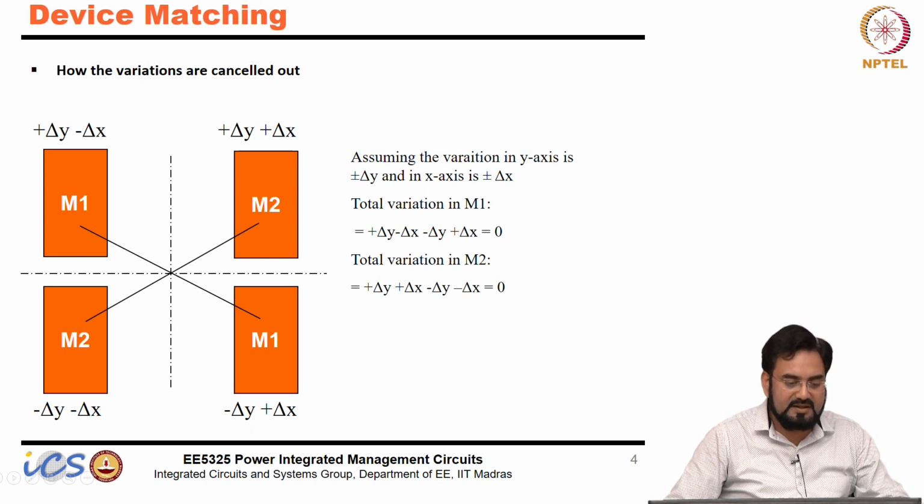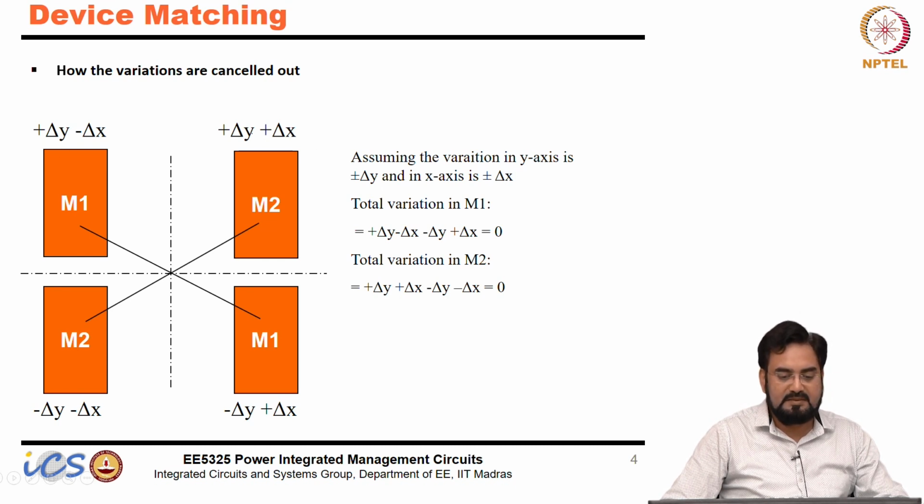When you go upward, you have plus delta y variation. When you go left or right, you have plus or minus delta x. So this device, in the top left, sees plus delta y and minus delta x. That is the variation this one is seeing.